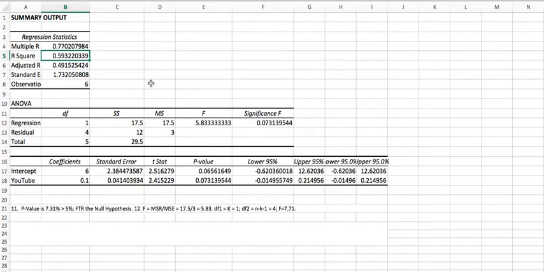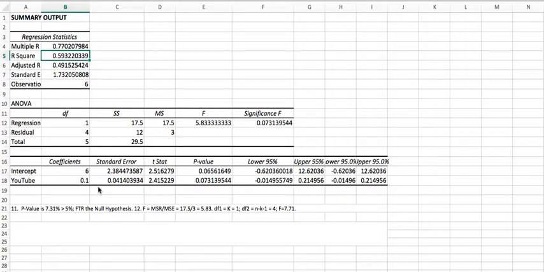If you recall from my previous video on the critical value for F, we have degrees of freedom for the numerator and for the denominator. From the regression standpoint, the degrees of freedom for the numerator is k, the number of independent variables you have.